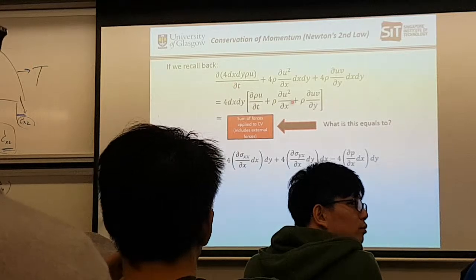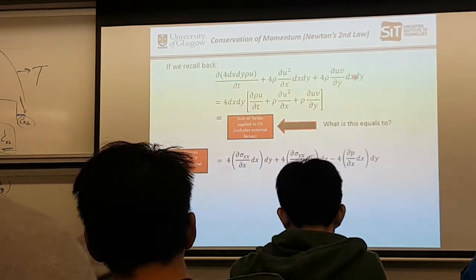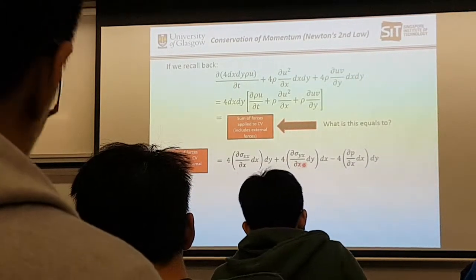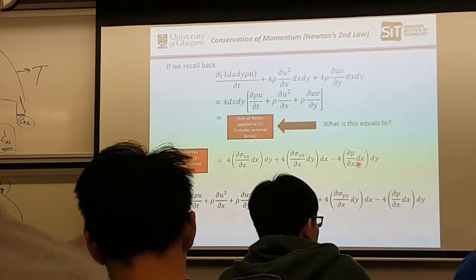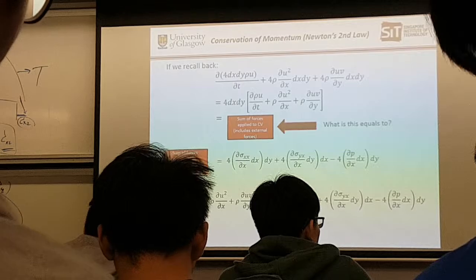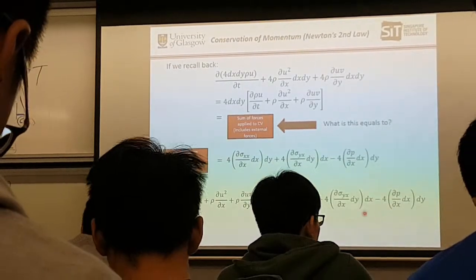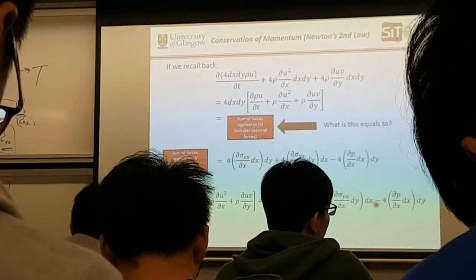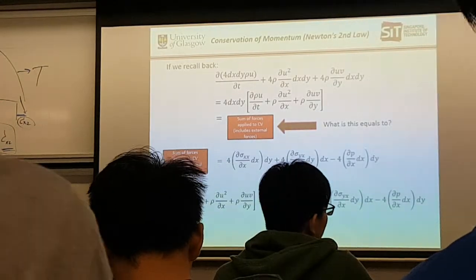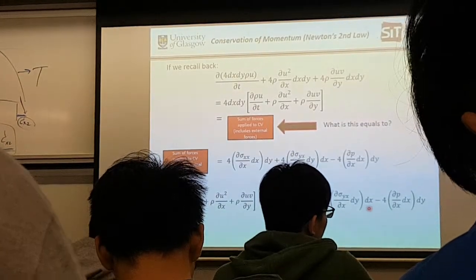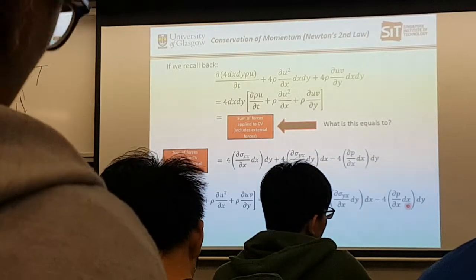So I can now equate this 1, 2, 3 equation with this 1, 2, 3 equation. Now this is where I think you need to follow me closely. This is how I get the final equation here. But what you can appreciate is this: there's 4 dx dy, 4 dx dy, 4 dx dy, 4 dx dy. So what can we do?